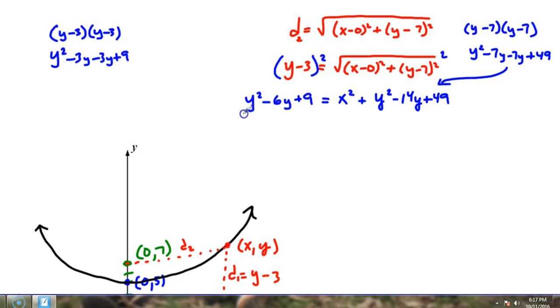at this point, we can say these add to 0. Let's get all the y's on one side. So I'm going to add 14y. So we've got 8y. Let's subtract.